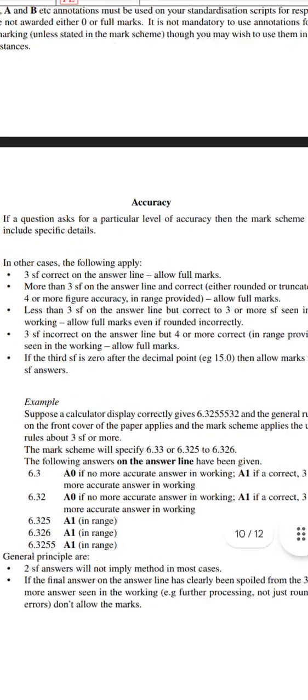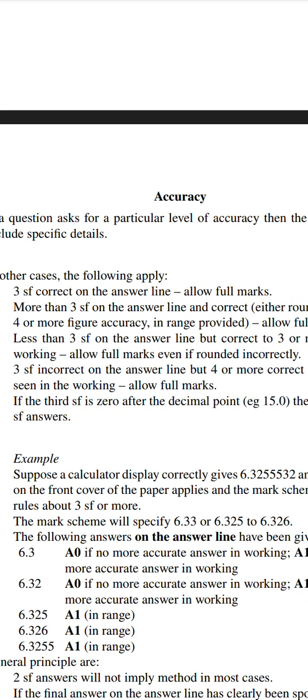What does this mean? The answer line is the dotted line next to the marks area, where the marks are. That is the final answer you submit. If the question says correct answer only, or CAO, then it will only look at that.